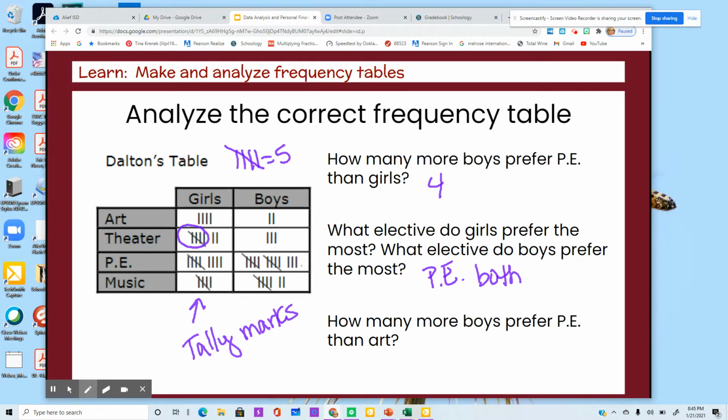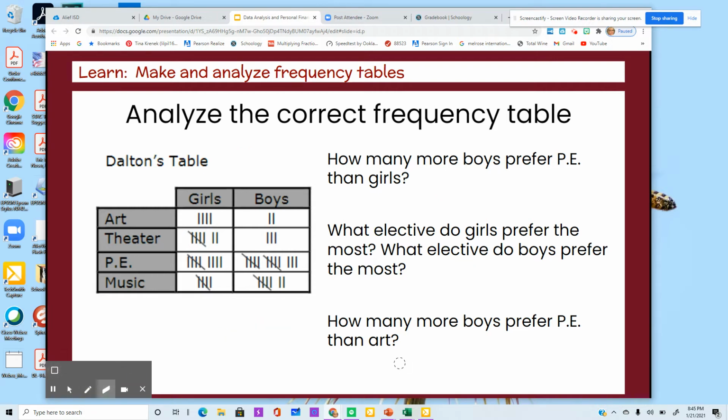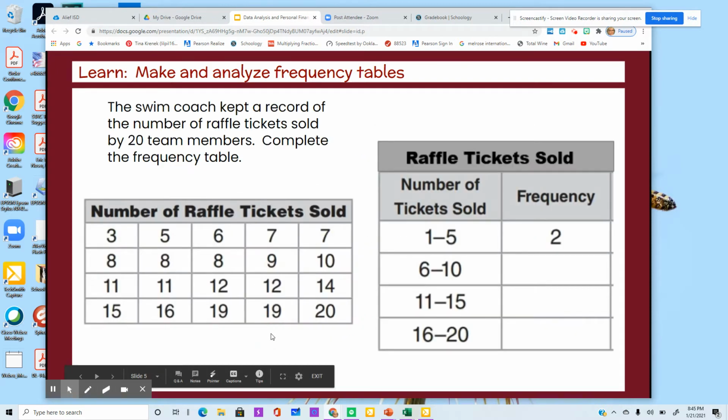And how many more boys prefer PE than art? Well, we have 13 boys who like PE and 2 who like art, so that would be a total of 11 prefer PE more than art. This should be kind of familiar from last year. Frequency tables aren't all that unusual or new to you.